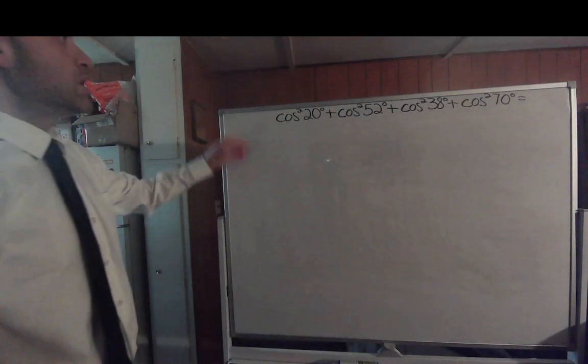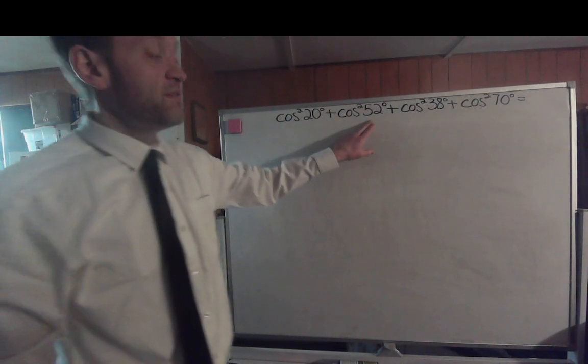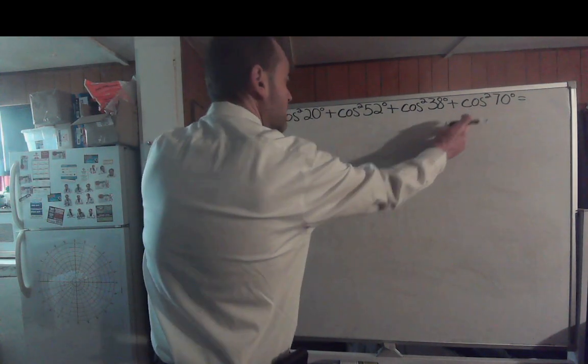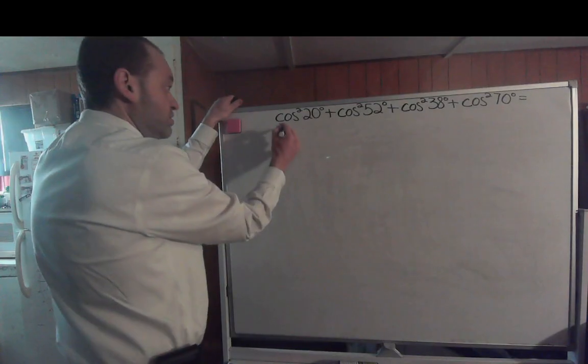Well, you know if you add 20 and 70 you get 90. If you add 52 and 38 you get 90. So the first thing I would do is put the respective two angles that add up to 90 close to each other.